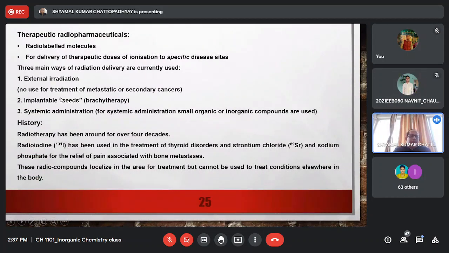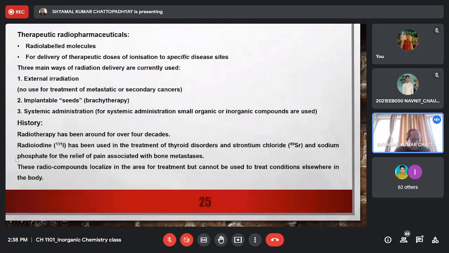Okay. So, a third option will be administration of certain radioactive molecules in the form of, say, intravenous injection or oral ingestion, etc., right? So, systemic administration of small organic or inorganic compounds can be done. Now, radiotherapy has been used over 4 to 5 decades.